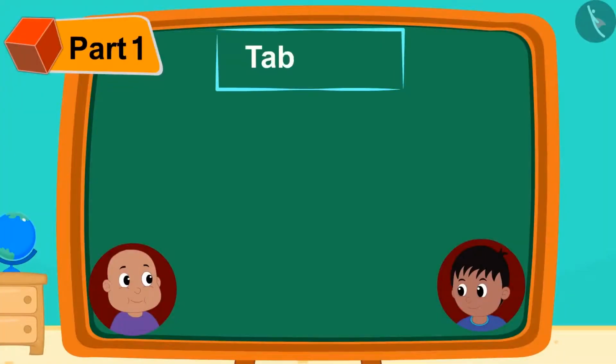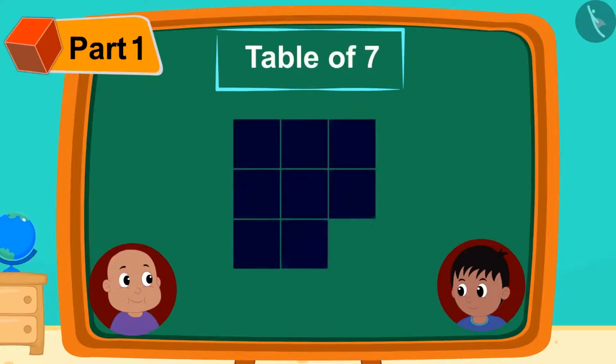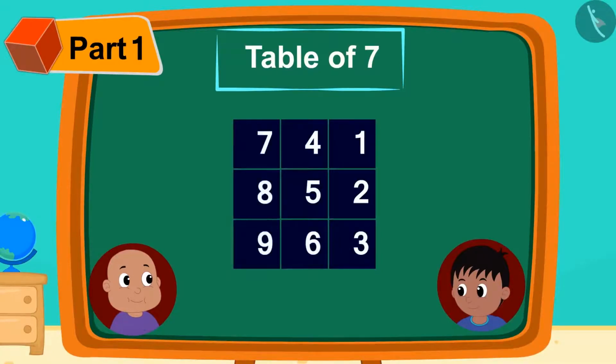Now Raju made a structure similar to the table of 3 for a table of 7. But this time Raju started writing numbers from 1 to 9 from this box. Then, next to the digits written in the first line, he wrote 0, 1, 2.